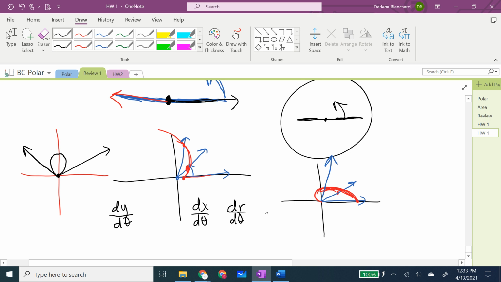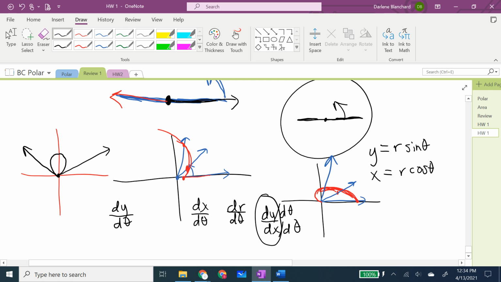And other times they're going to ask you for slope dy dx. It's specifically when they ask you for slope that you have to do the full gamut of what is y and what is x in terms of theta. What is y in terms of theta? Or in terms of both? y is r sine theta, and x is r cosine theta.